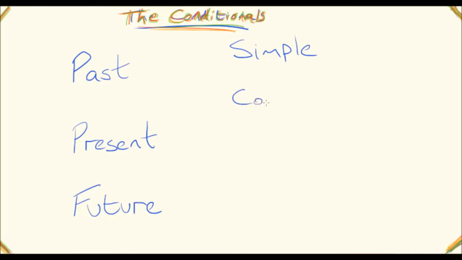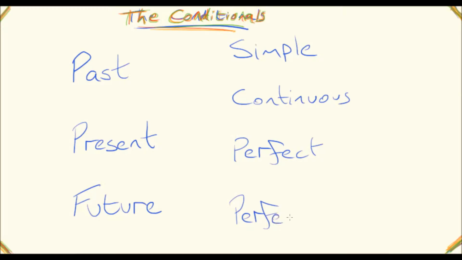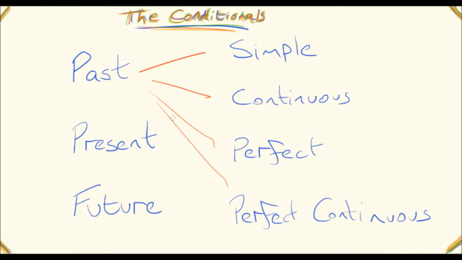simple, continuous, perfect, and perfect continuous. And hopefully you remember that all we really do is, well, we've got four past, so past simple, past continuous, past perfect, past perfect continuous.